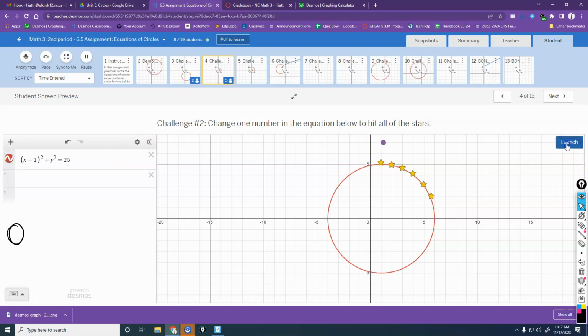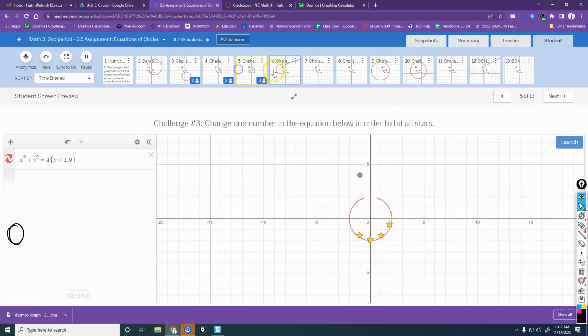Right here. It should. 25 worked for me. Okay. Yeah, if you change more than one number, this will throw it off. So the first ones, you're only going to have to change one number. Guys, quiet please.